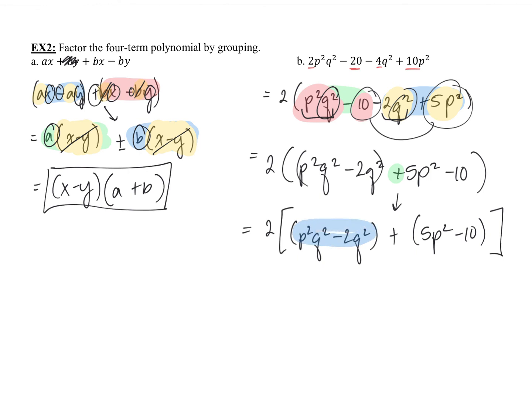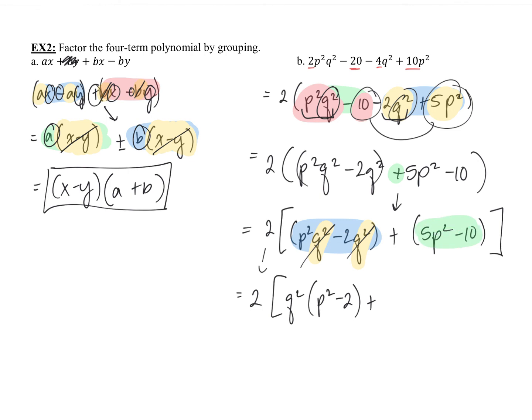So in the first grouping, what do they have in common? Well, they both have a q squared. So let's go ahead and factor that out. So once again, bring down that 2 from the outside. And then we're going to factor out the q squared. And then what's left is p squared minus 2. Plus, now let's take a look at the next grouping.